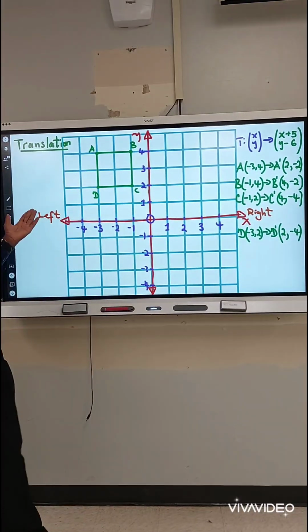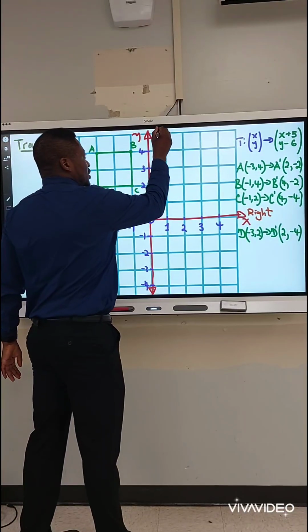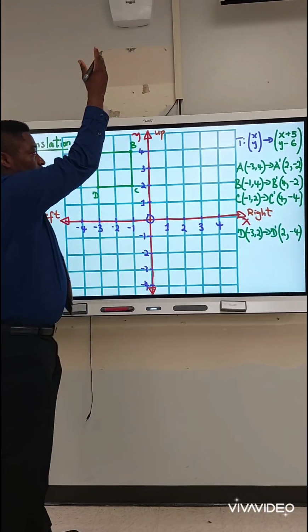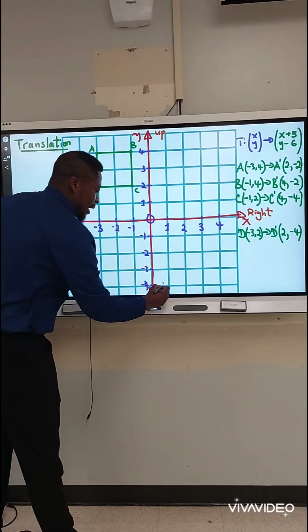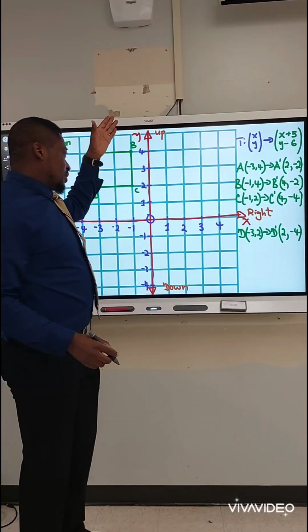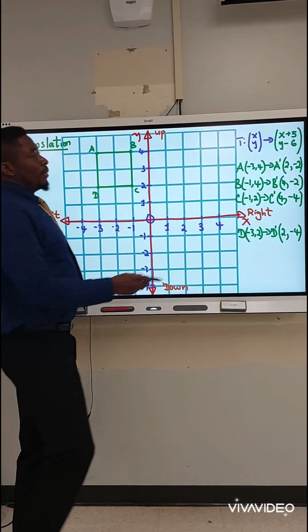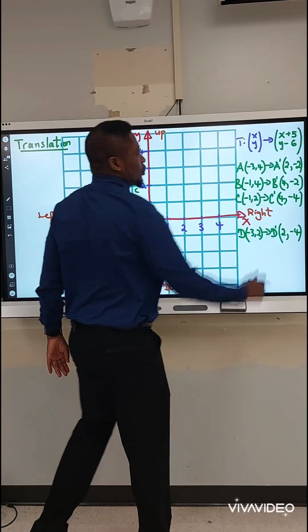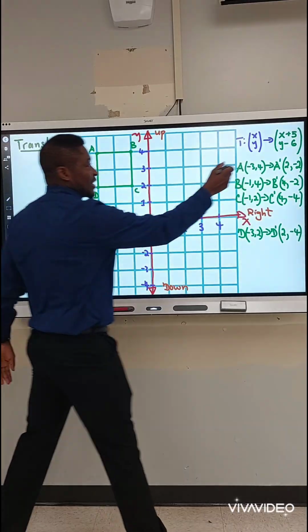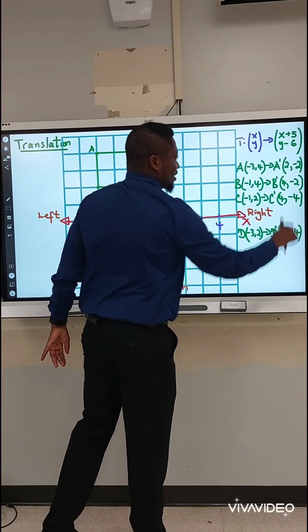Right and left movement is done on the x-axis. On the y-axis is where we do upward and downward movement. So when we subtract on the y coordinate, we're going down. Based on this translation rule, it is 5 times to the right and 6 times down.